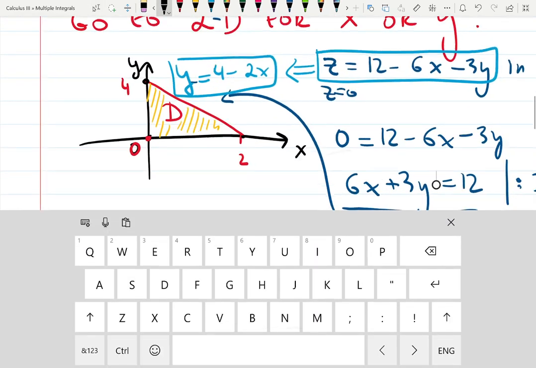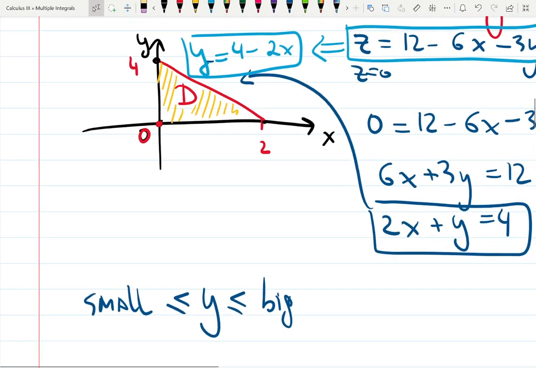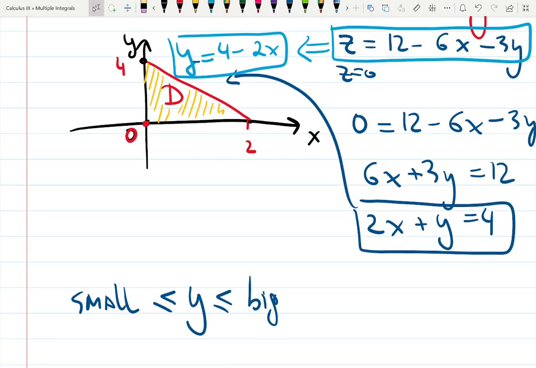Now, just like on a test, I was asking you to find the limits of integration for y, when y is changing between a function and a function. This is how you should see it, reminding you this is not new. Y is rise, remember? Only Americans call it rise and run, going up and down. So if you want to go from small to big, you look up and you look down.